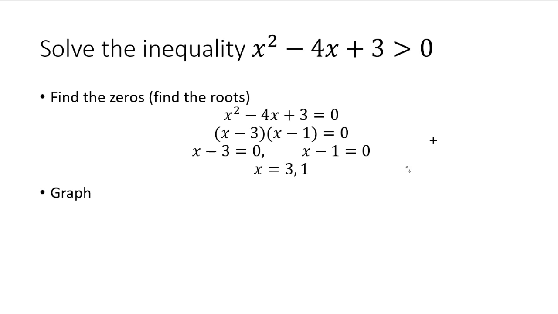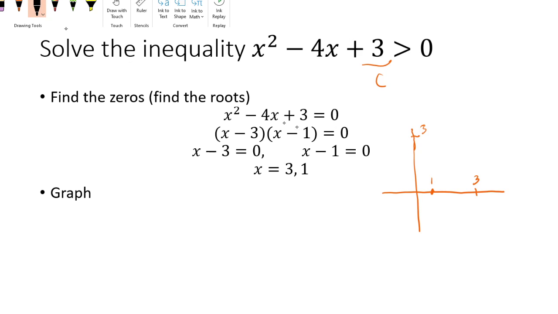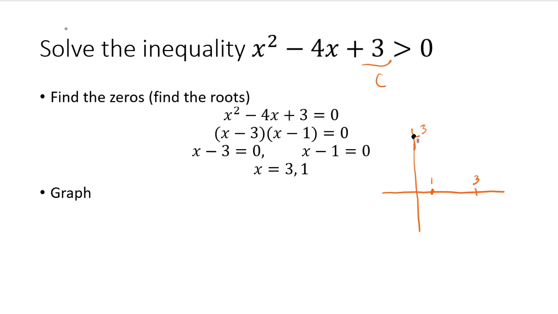If you have a quadratic equation, and you have the two x-intercepts, 1 and 3, and you also have the y-intercept, which is the value of c, that's also 3, then the graph of the parabola has to go through all of these points.